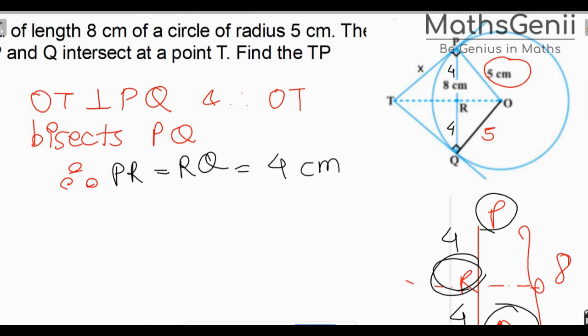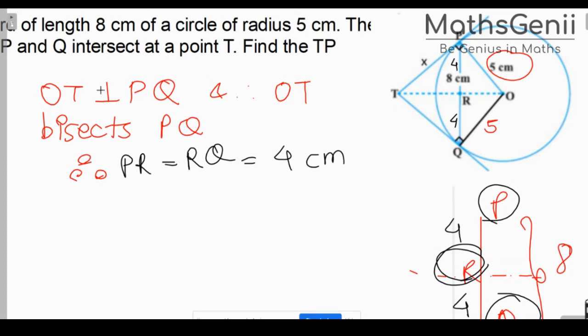Okay. Now let's move ahead. You see the triangle is getting completed, correct? I know this is 4. I know this is 5. So what I'm going to do is apply Pythagoras theorem. As I just mentioned, OT is perpendicular to PQ, correct?